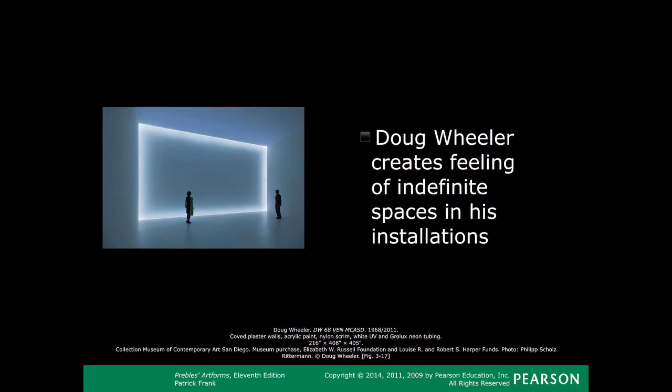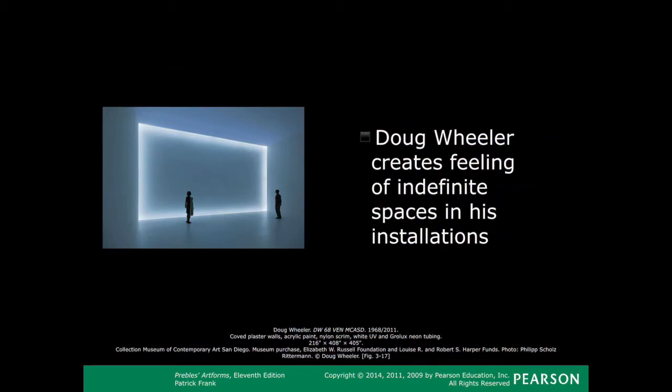And here is an example of an installation piece where the artist, Doug Wheeler, has a room in a museum, and he basically creates these lights that illuminate the corners of the wall.